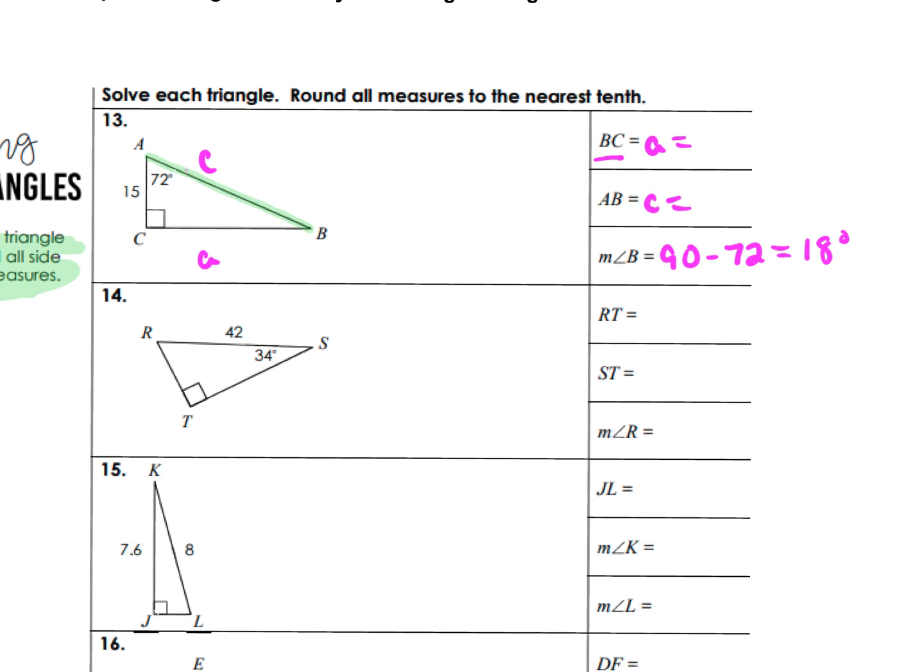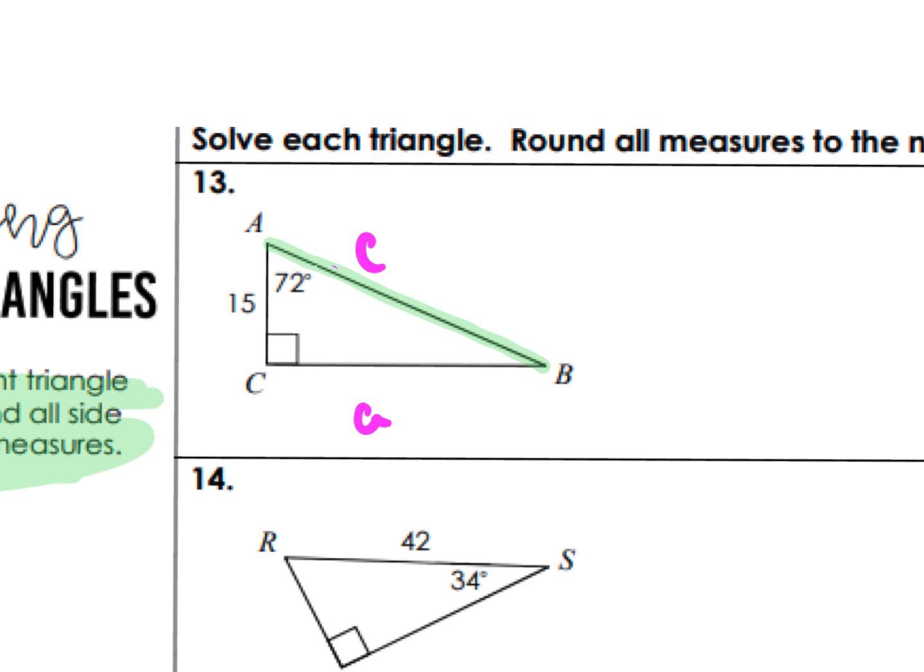All right, if I want to find side A, and we're using this angle as our reference, which trig function are we going to have to use there? John? Okay, you don't sound too sure about that, but that's right. Okay, yep.